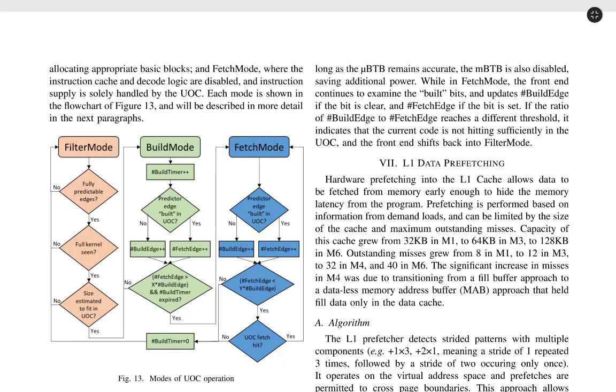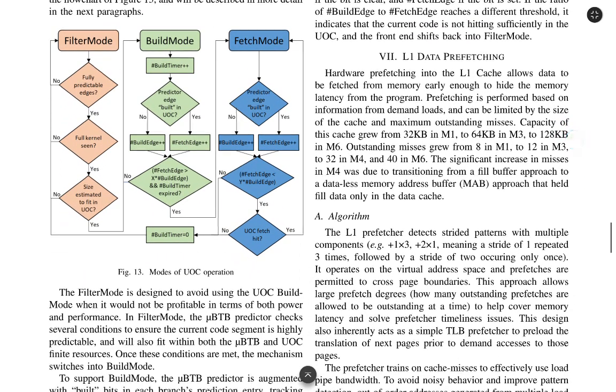While in fetch mode, the front end continuously examines the build bit and updates the build edge count if the bit is clear, and the fetch edge count if it is set. If the ratio of the number of build edges to the number of fetch edges reaches a different threshold, it indicates that the current code is not hitting sufficiently in the UOC, and the front end shifts back into filter mode.